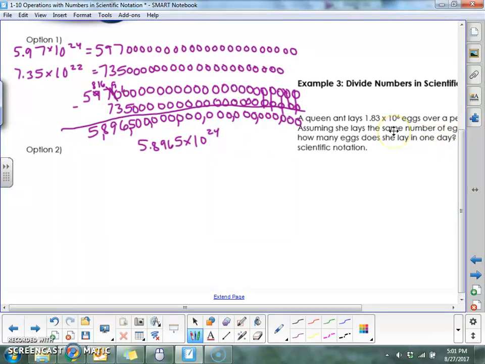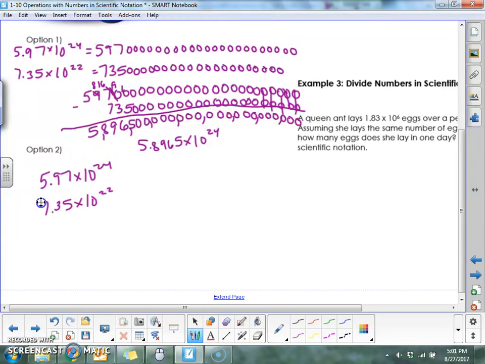So I'm going to go ahead and show you the quicker way to do that, which is to write the masses using the same power of 10 and then subtract them. So we have 5.97 times 10 to the 24th, and we have 7.35 times 10 to the 22nd.